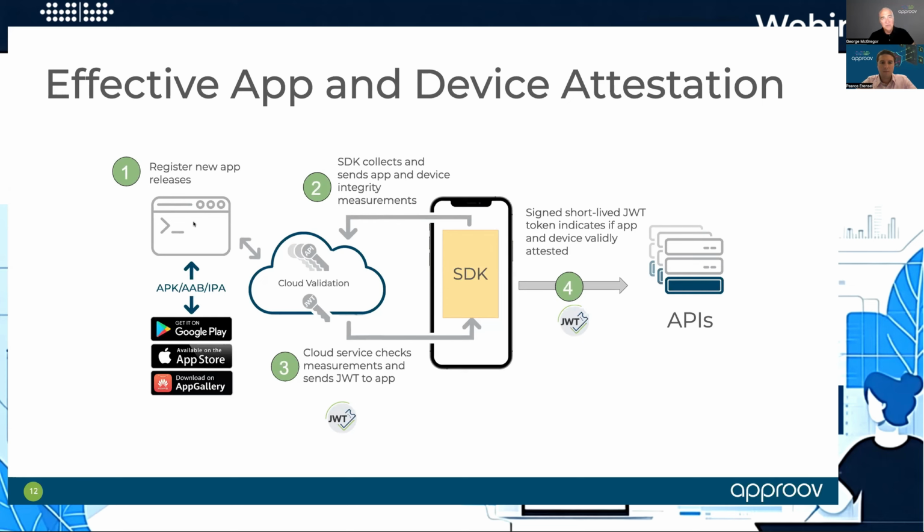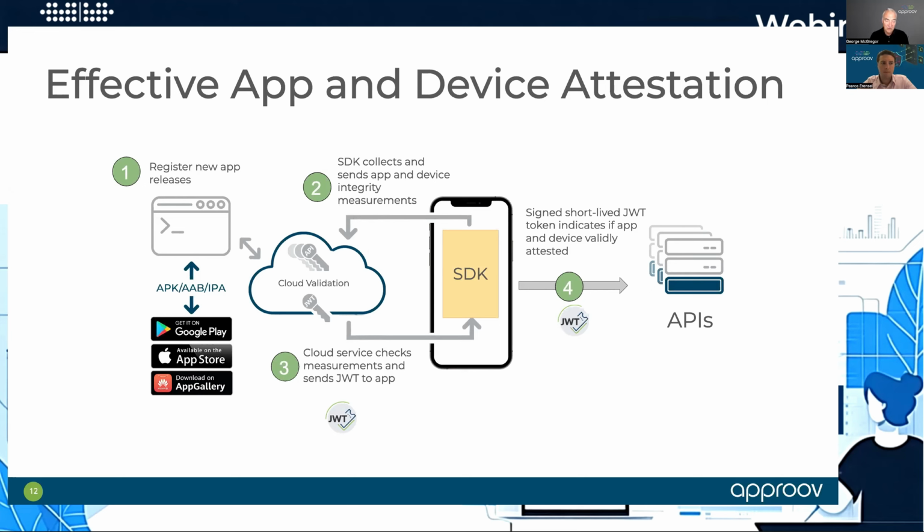And then once you've deployed the app and the app is in millions of mobile phones, then the runtime verification process works. So when an API call is made by the app and there's no token available, the integrity assessment process starts. That's step 2 here. And it's looking at the app to verify that it's genuine, and it's looking at the device and running dozens of checks to look for something suspicious.